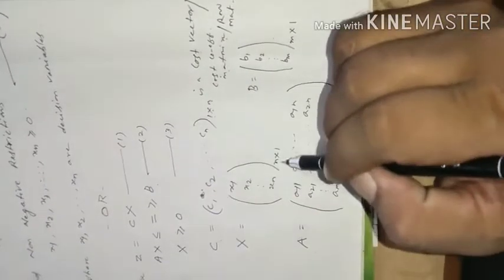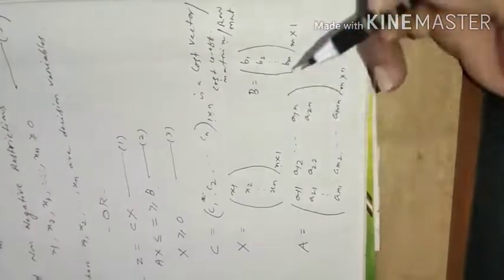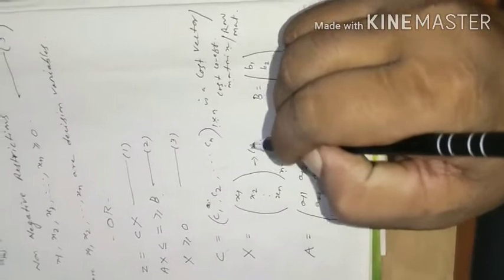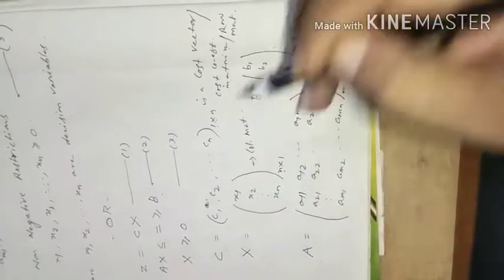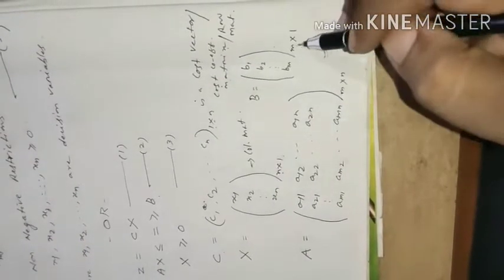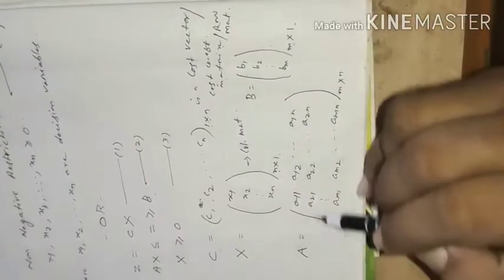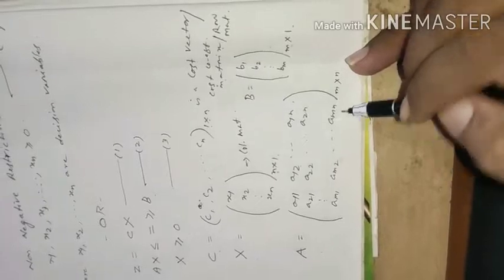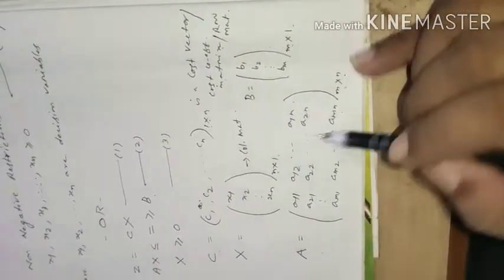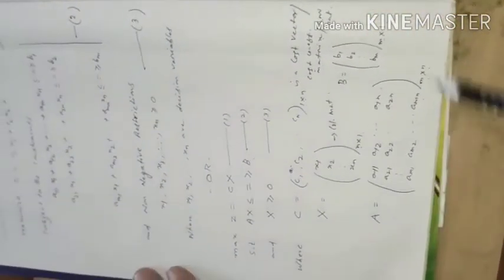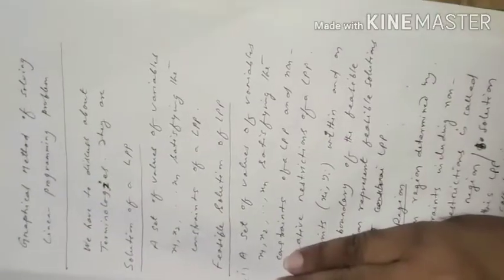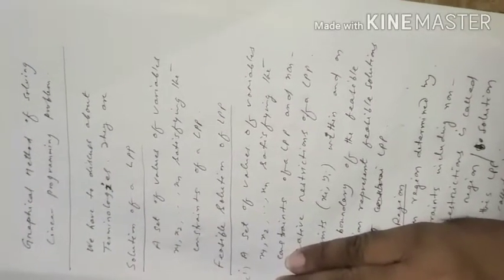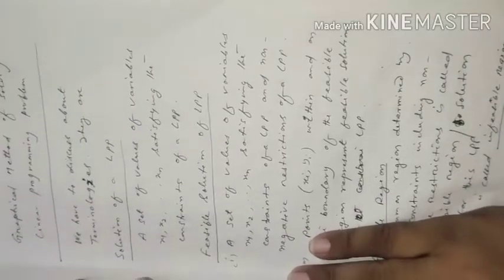It can be written as n by 1, that is a column matrix, and b equals b1, b2 up to bm, m by 1, and A equals a11, a12 up to a1n, and so on, am1, am2 up to amn, an m by n matrix. And it can be formed in this way: A, x, b, and c. So that problem, the formulation of the problem, can be solved in a graphical way.